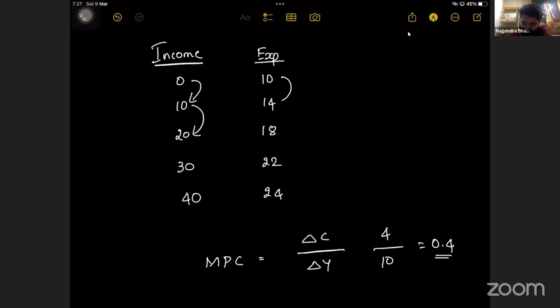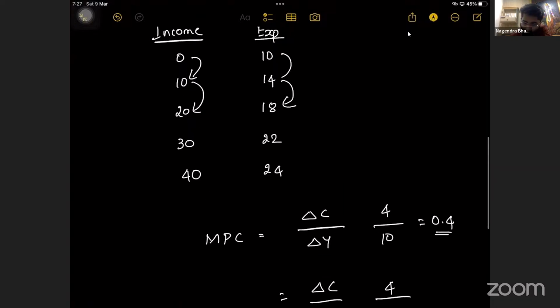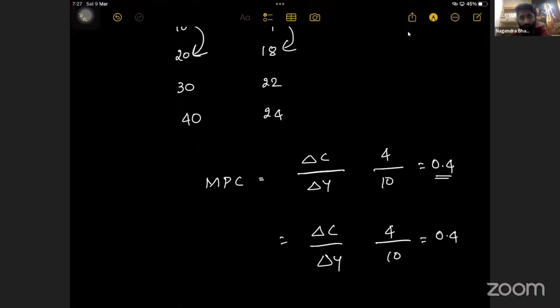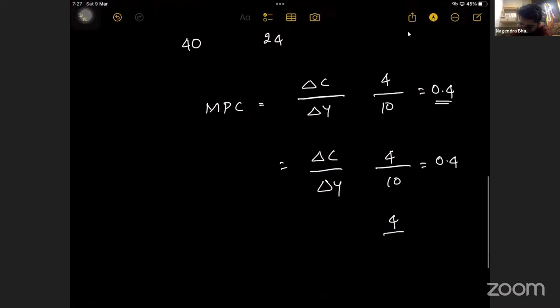Again, the change in C is 4, the change in Y is 10, 4 divided by 10, answer is 0.4.